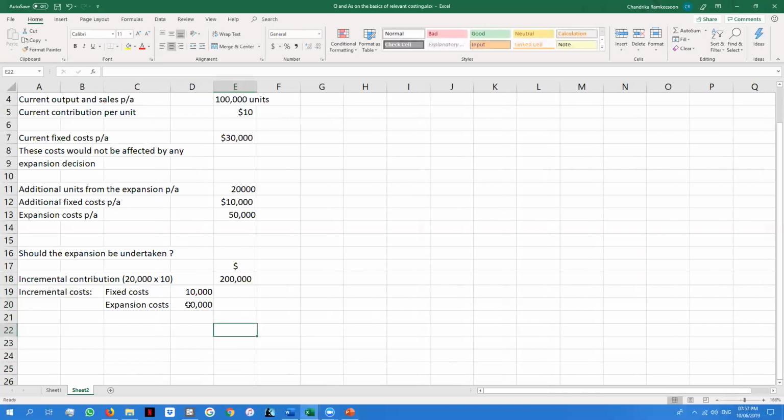So 50,000 and 10,000 would be 60,000, and it means therefore that the additional profit, I'll call it profit, but of course it is cash flow profits, would be 140,000.